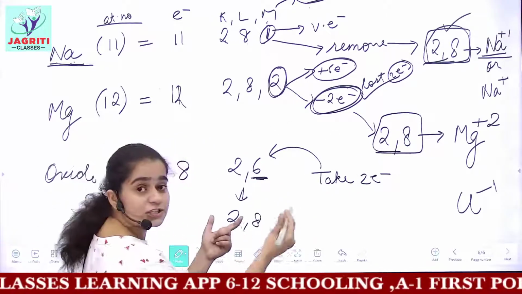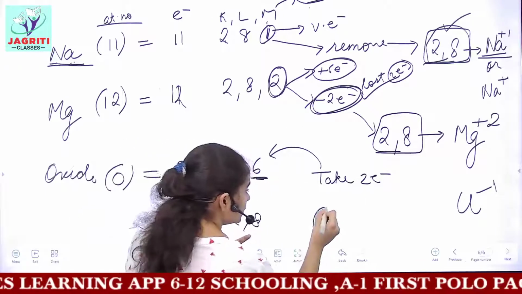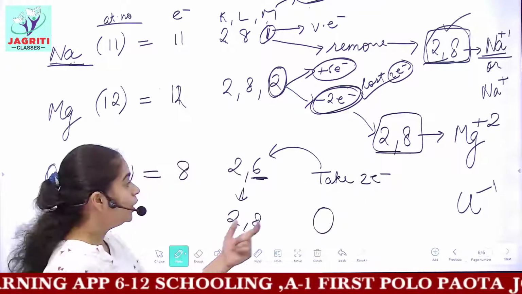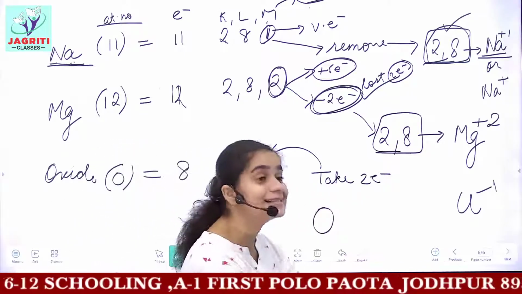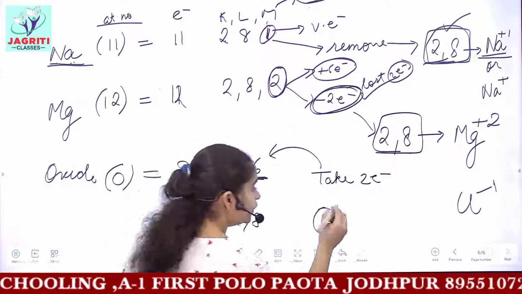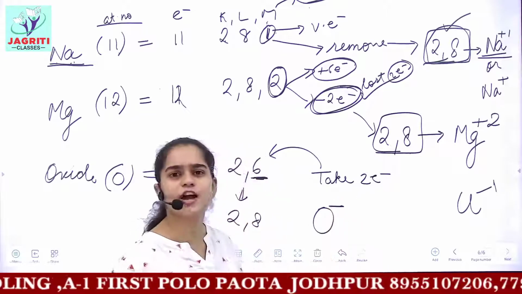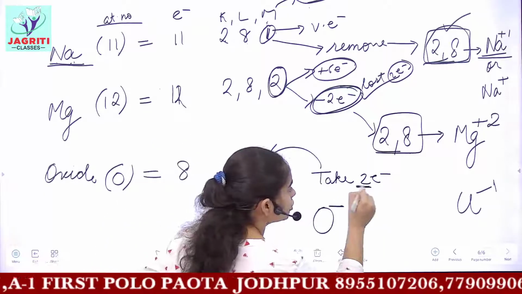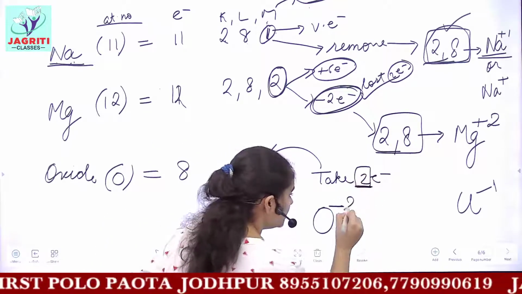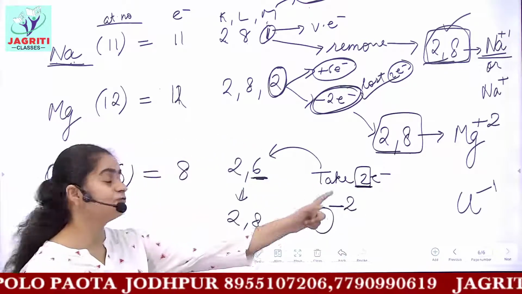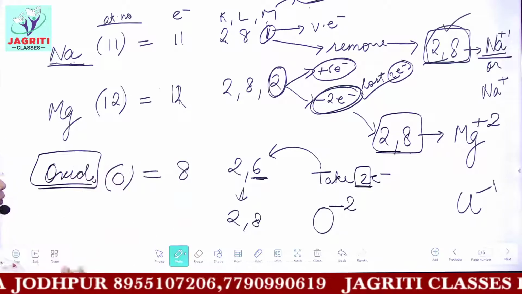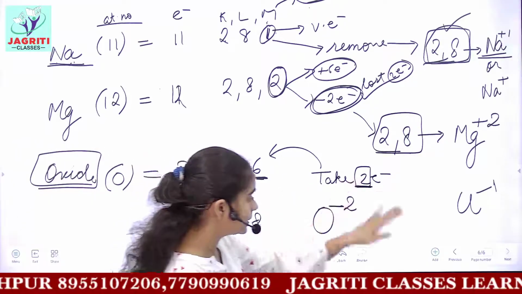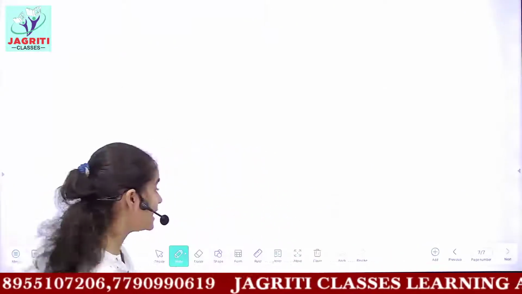So because oxygen takes electrons, the symbol of oxygen is capital O. Because it is gaining 2 electrons, and electrons are negatively charged, it is gaining negative charge. So which charge will come? A negative charge will come, and the number of electrons gained, that is 2, will be written over the negative charge, that is O2 minus. And this is what the oxide form is. Okay, so these are the general forms of these ions.